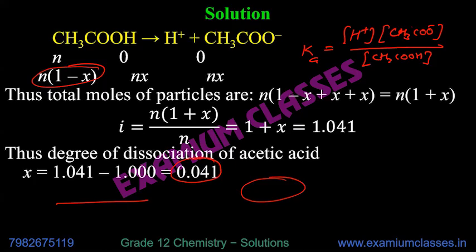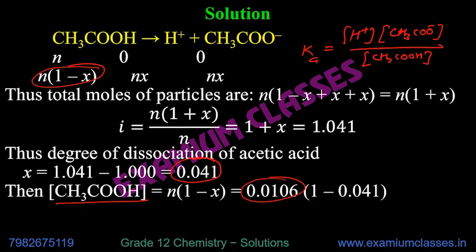And here why we used n: you can get the value of i even if you don't use n, but we need the actual value of n because we are calculating the equilibrium constant. Here the dissociation constant is nothing but the equilibrium constant, or acid constant, the equilibrium constant of the acid. So n(1 minus x), substitute all the values, you found the concentration of acid.